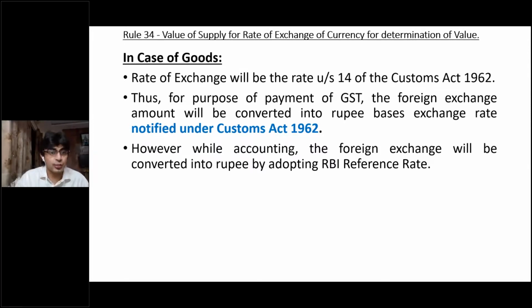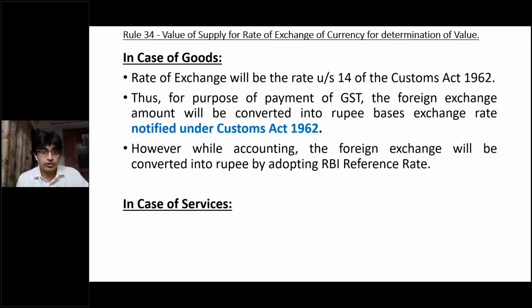See this. Suppose if I'm exporting goods, so in GST returns, what will be the rate of exchange? Customs rate. But जब मैं tally में accounting करूँगा, entries करूँगा, and what record I have to take? At RBI. So that's why I see in 9C GST or 9C audit, there is one point of reconciliation. Okay, foreign exchange fluctuation.